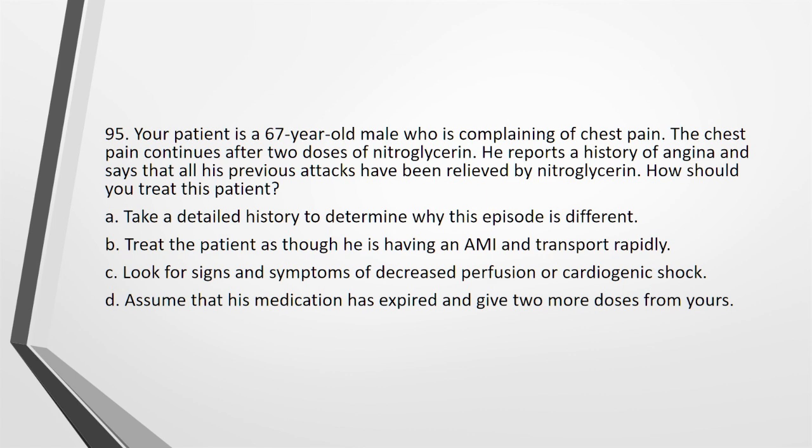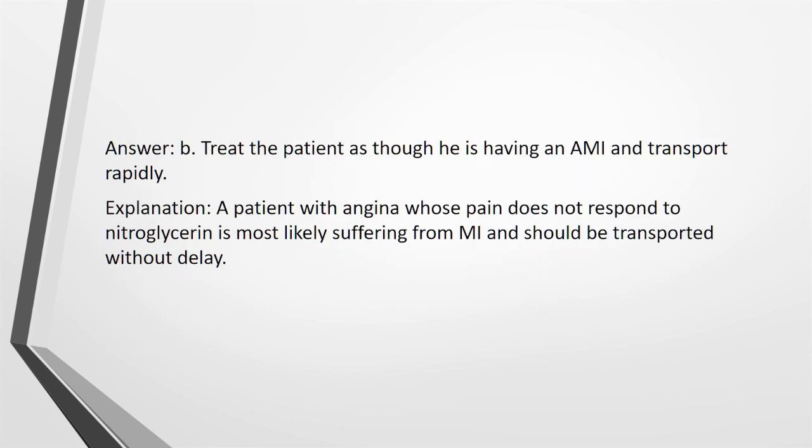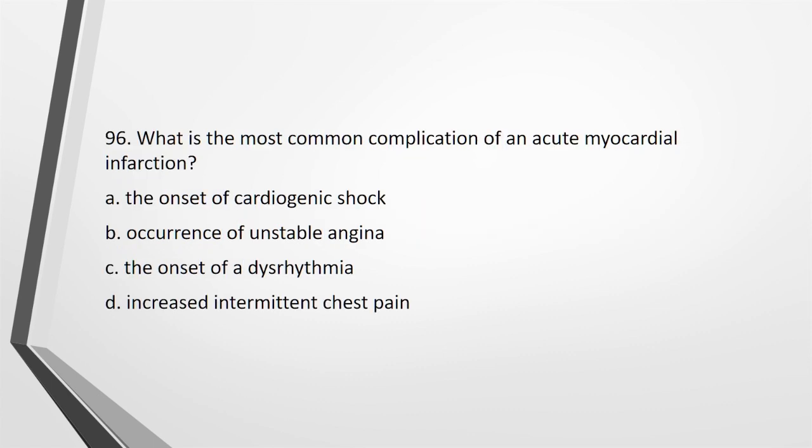C. Look for signs and symptoms of decreased perfusion or cardiogenic shock. D. Assume that his medication has expired and give 2 more doses from yours. Answer: B. Treat the patient as though he is having an AMI and transport rapidly. Explanation: a patient with angina whose pain does not respond to nitroglycerin is most likely suffering from MI and should be transported without delay.